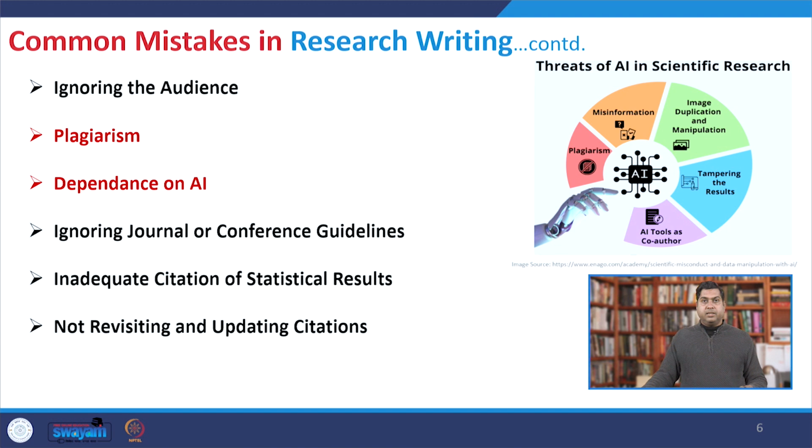Ignoring the audience. Say, for example, you are writing a paper for a conference, and the conference is on a certain kind of policy. Suppose you are doing some kind of planning studies, and the target audience is the policy makers.